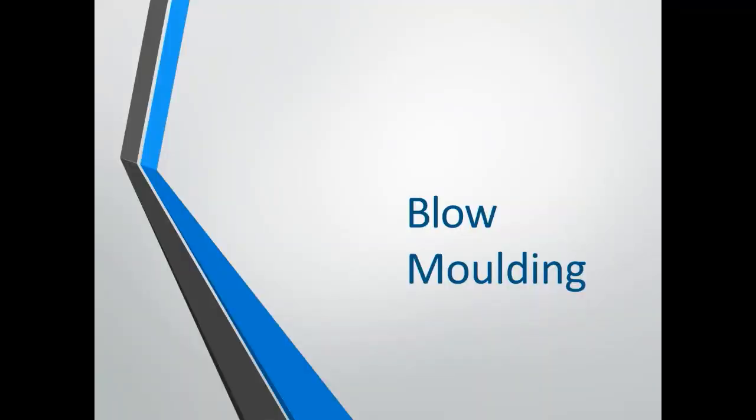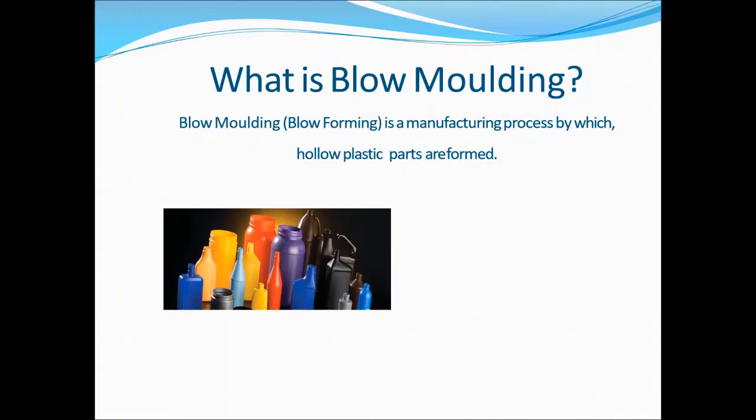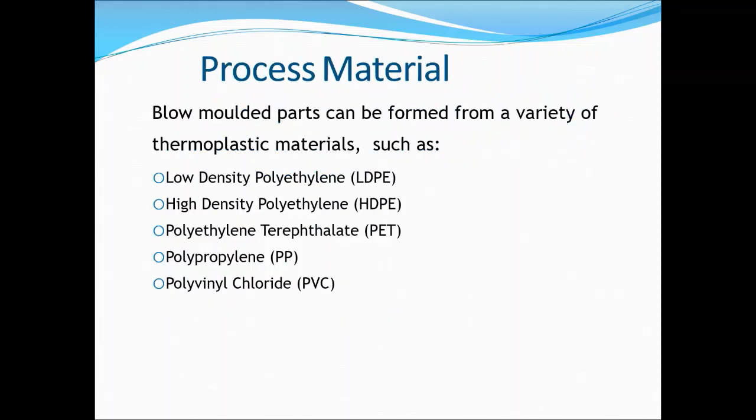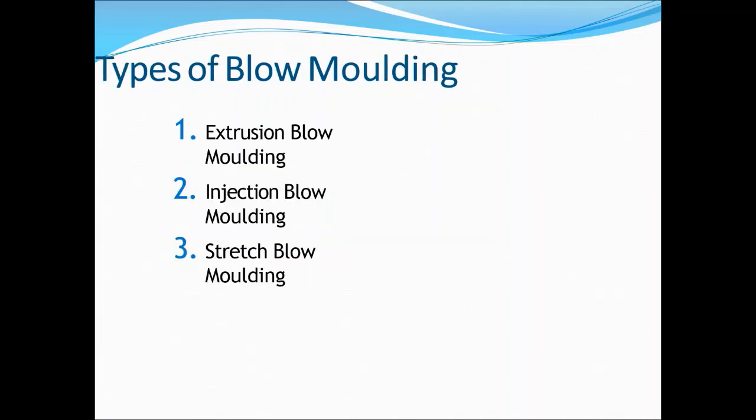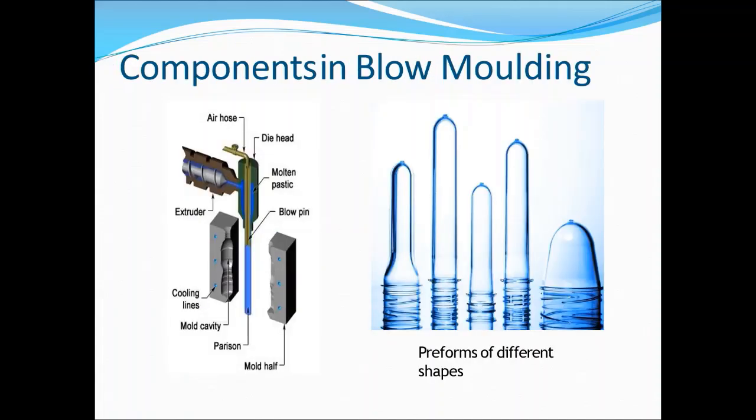So blow molding is mainly used for manufacturing bottle items. The types are extrusion blow molding, injection blow molding, and stretch blow molding. The video slide indicates the parts.